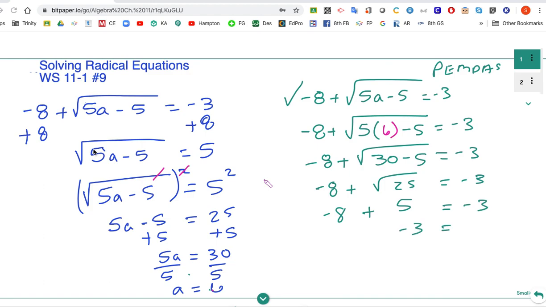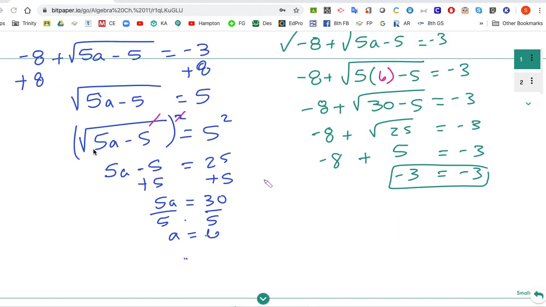Negative 3 equals negative 3. So we know that our answer is correct with our check. So a is equal to 6. Our check proves it.